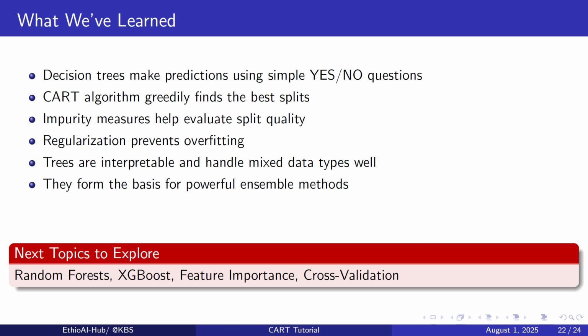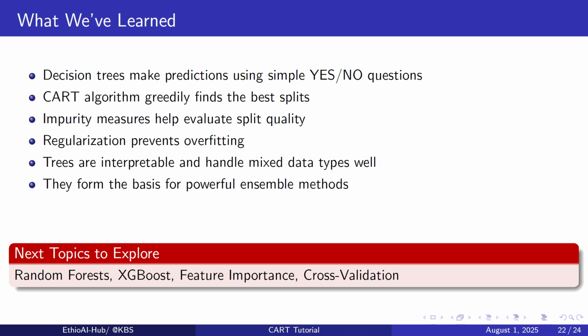Yeah, we talked about decision trees making predictions using simple yes/no questions, and we talked about the CART algorithm and that it's greedy. In a sense, it will find the best split at its current position. Impurity measures help evaluate split quality, and regularization prevents overfitting.